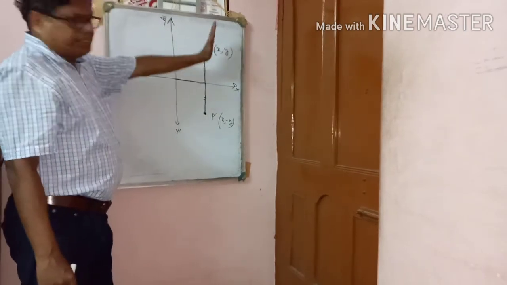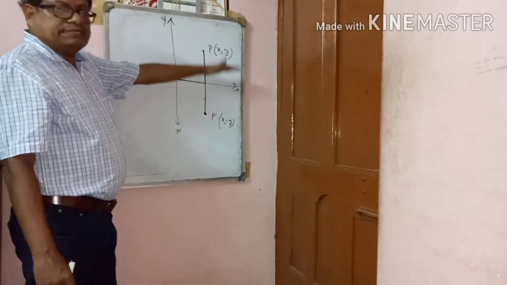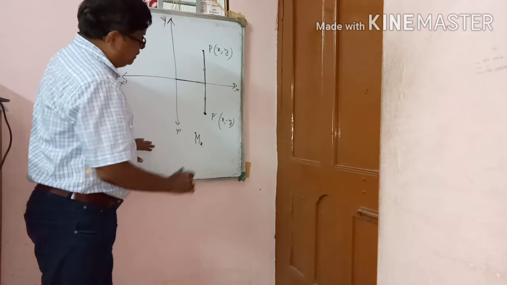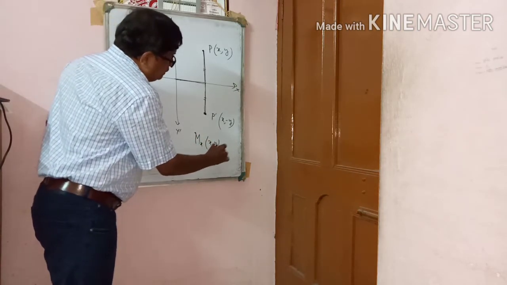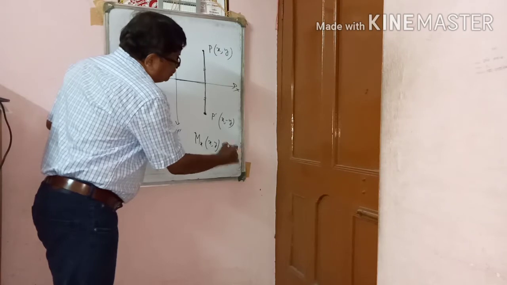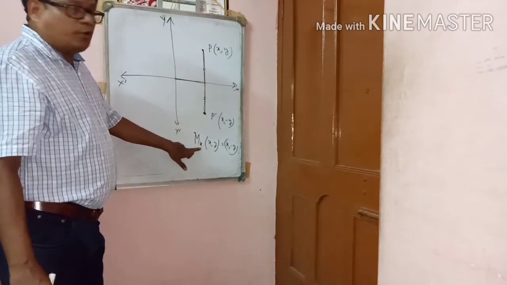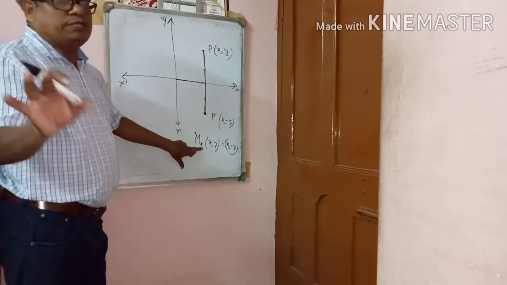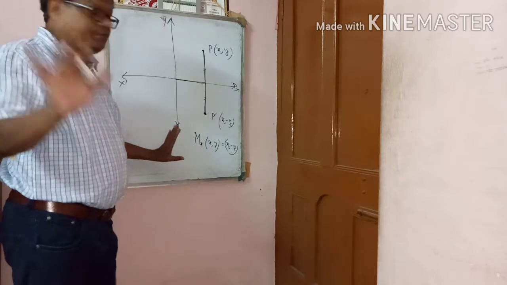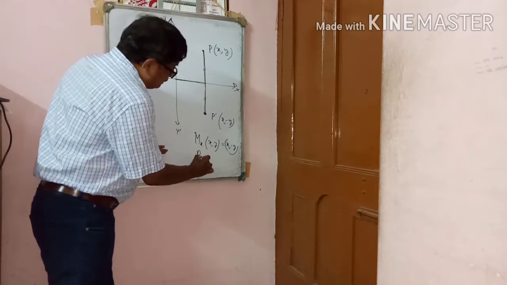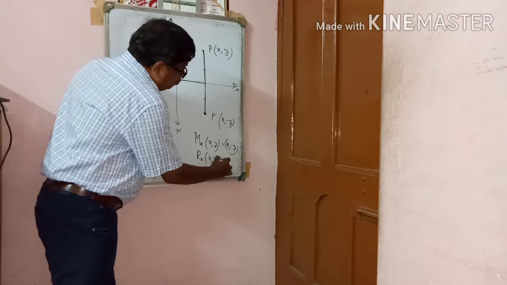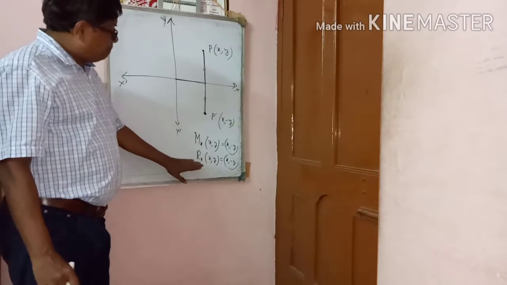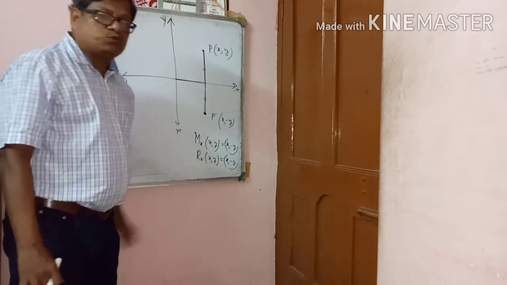So we can write reflection in the x-axis: Mx of x, y equals x comma minus y. In a few books it is written Rx; you can write Mx or Rx, no problem. Rx of x, y equals x comma minus y.